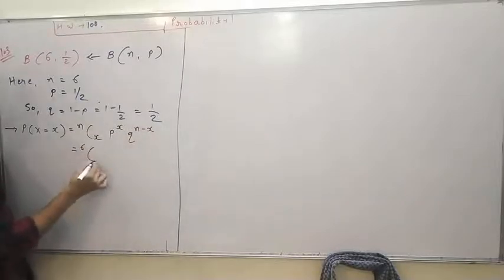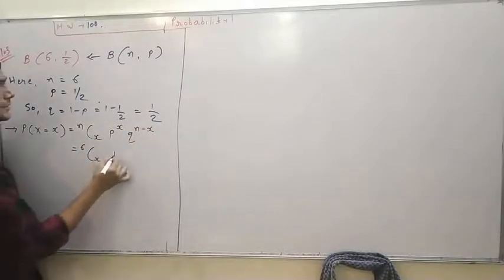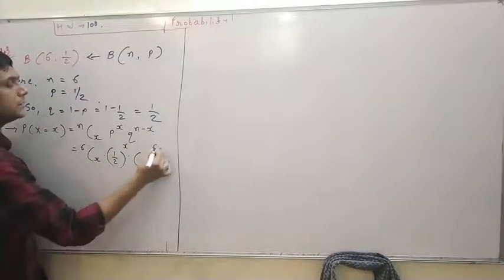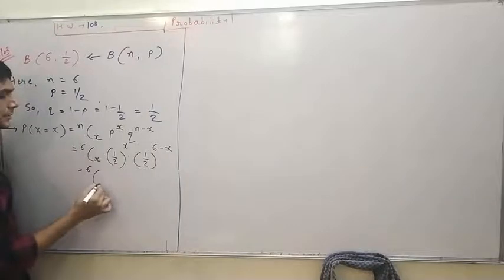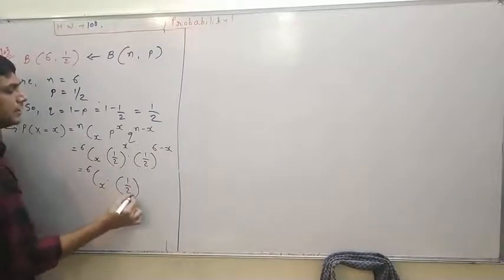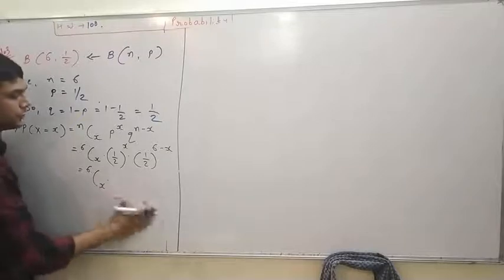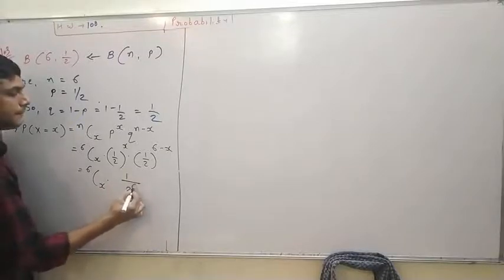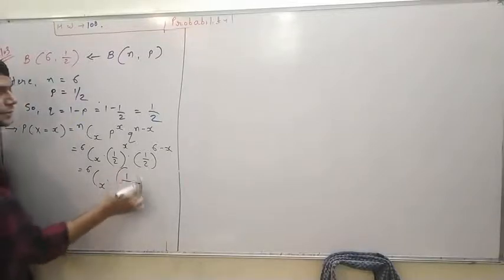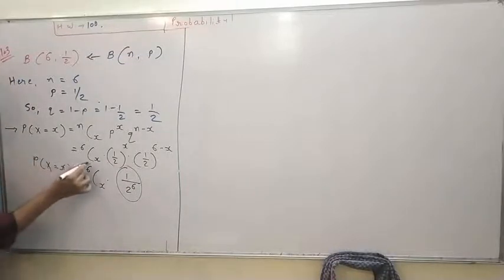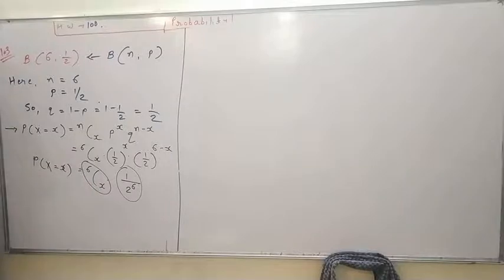Here, n is 6Cx into p is 1 half raised to x, q is 1 half raised to 6 minus x. So 6Cx into 1 half raised to 6. So 1 upon 2 raised to 6 is constant. Means your value of P(X = x) is dependent upon 6Cx.